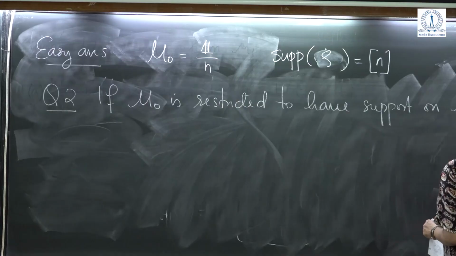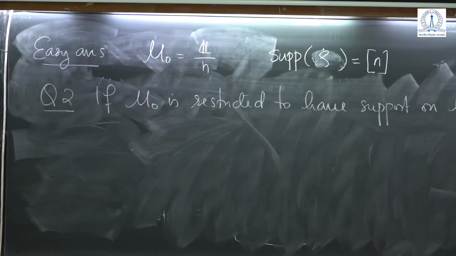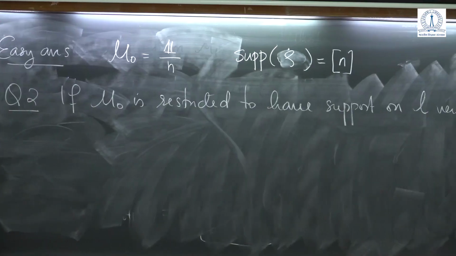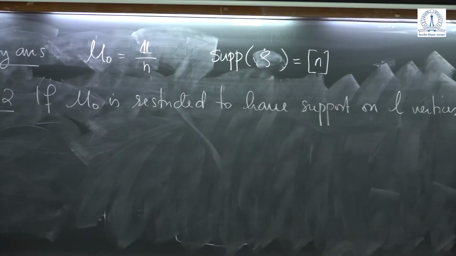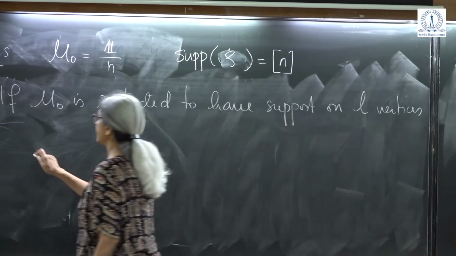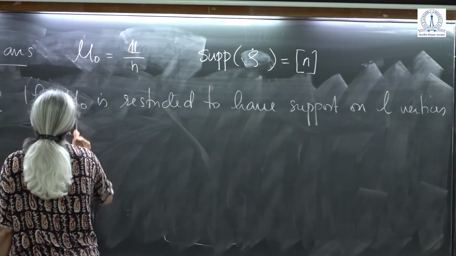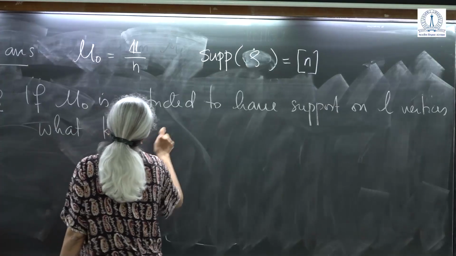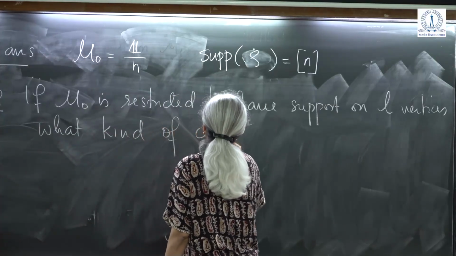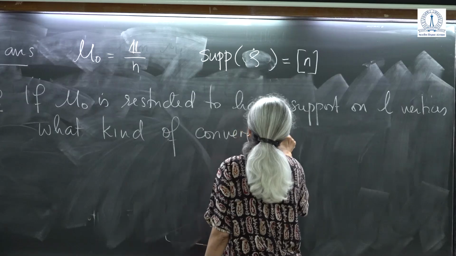You pick the L. It may be 2 vertices, it may be 3 vertices, it may be 10 vertices, okay? If you allow mu0 to have support on L vertices, then what kind of convergence can we guarantee? Or what kind of convergence rate is possible?